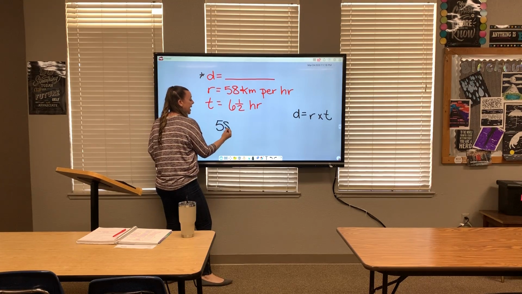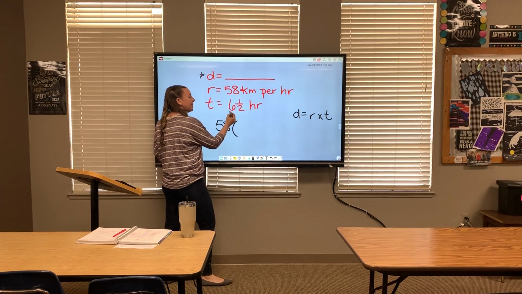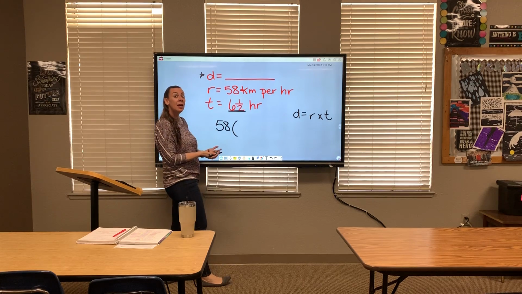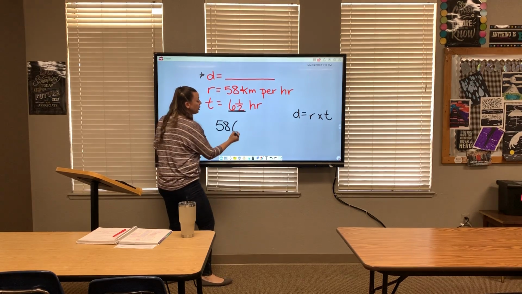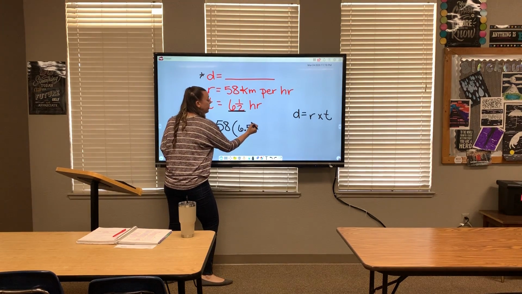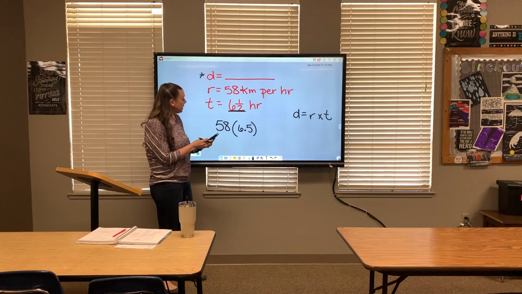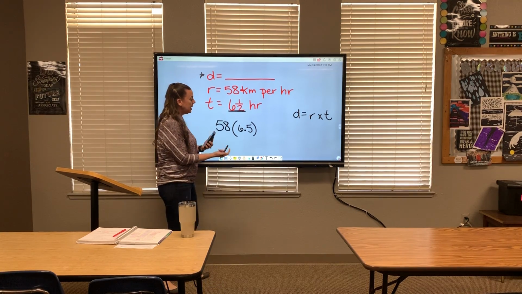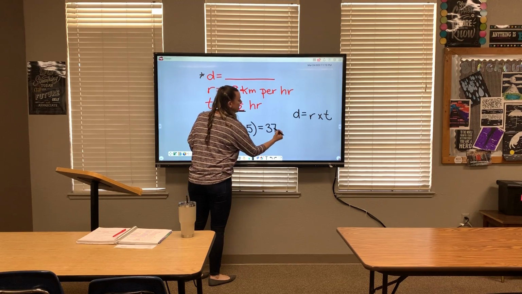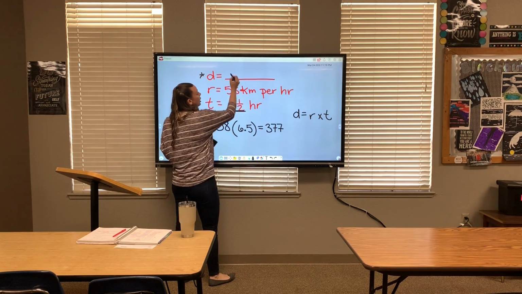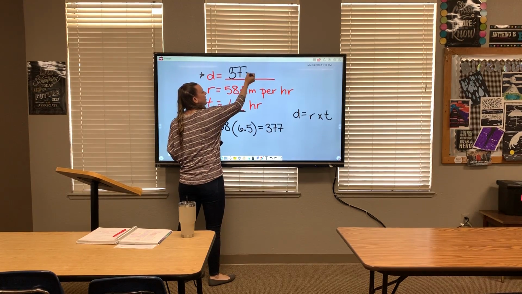So I'm going to say 58, and I'm going to go ahead and make this, because I can, and because I'm probably going to be using my fraction, I'm going to make it 6.5, which is the same thing as 6 1/2. So I'm going to say 6.5 times 58 equals 377, okay? So my answer here is going to be 377.